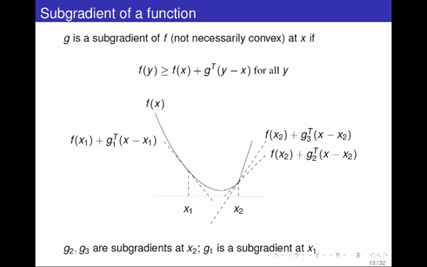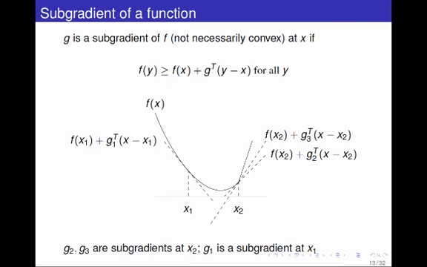The way to think of this geometrically is that a subgradient is basically any slope such that if you plug in a hyperplane just barely touching the function, no matter how you move it, the resulting line is always underneath the function. That's the way to think of a subgradient.